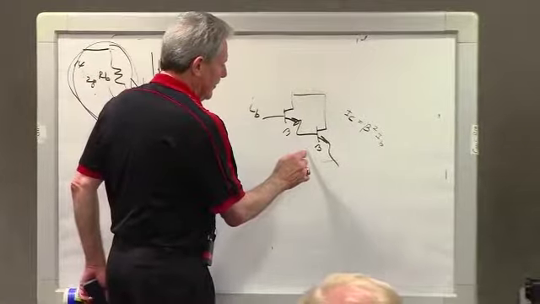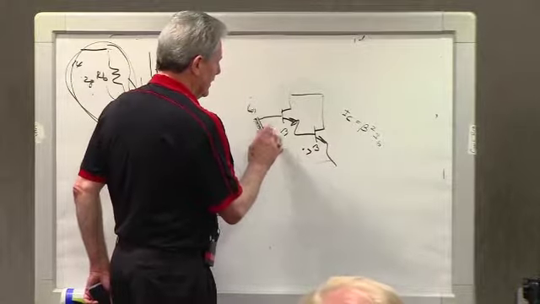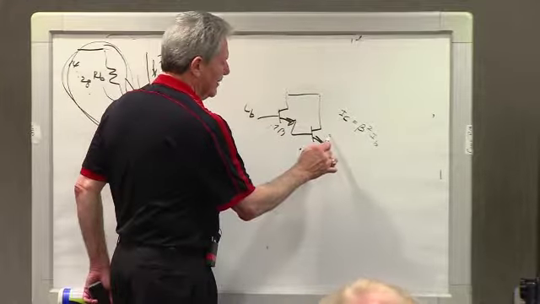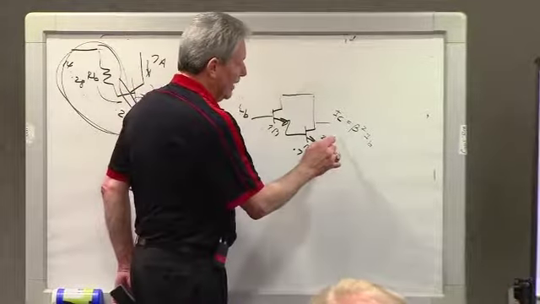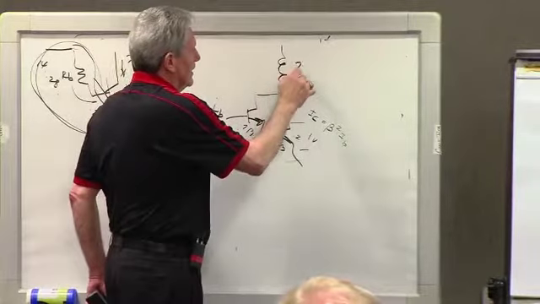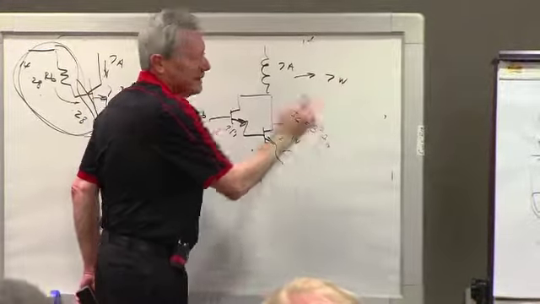Great, love that, but remember I told you that this is 0.7 and this is 0.7, this is 0.1, it's really 0.2. So now the voltage here is about 1 volt. So at 7 amps, I've got 7 watts.